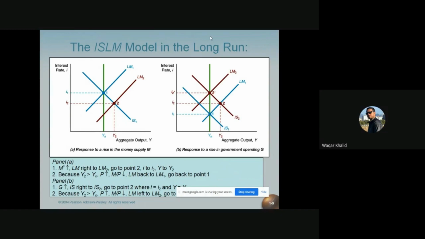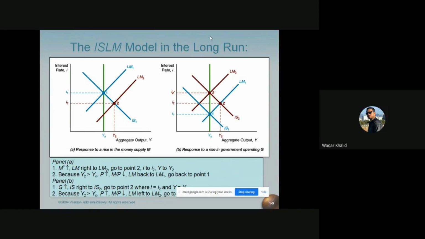This is a reasonable assumption for the short run. If we are analyzing the short run, if we are dealing with a short time period, this assumption is reasonable.